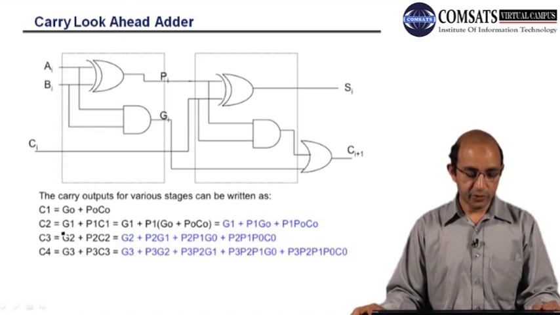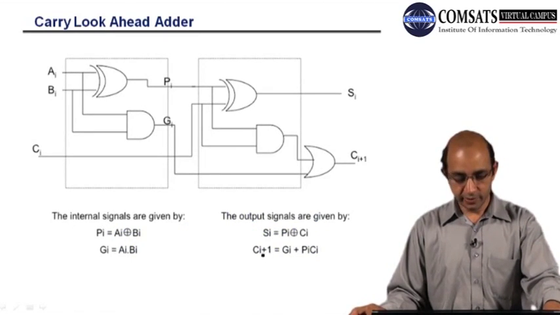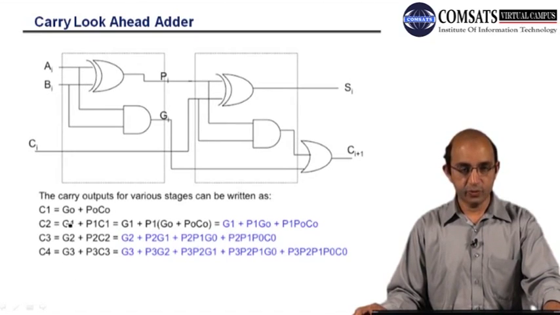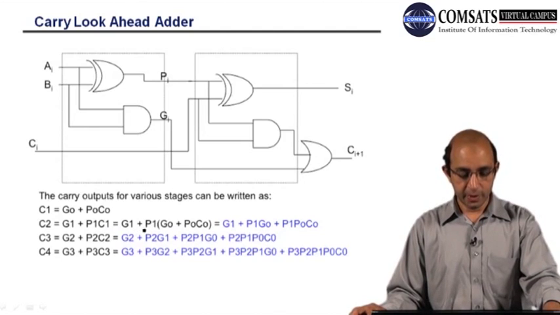Then C2, obviously we have placed 1 here, so we will get C2, and this is equal to G1 plus P1 C1. And here we have a C1, and we already know the C1, so we can place C1 here, so we will get G1 plus P1 into G0 plus P0 C0.